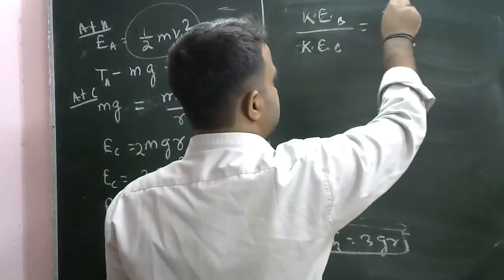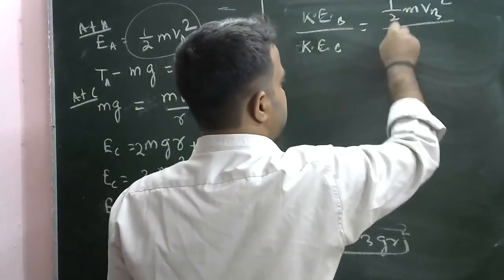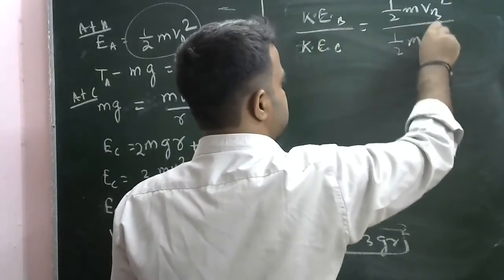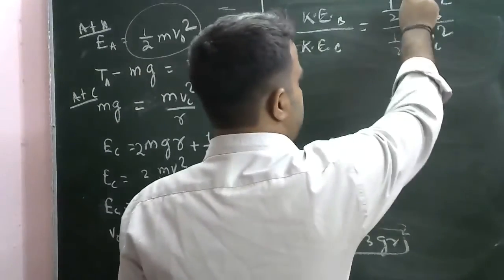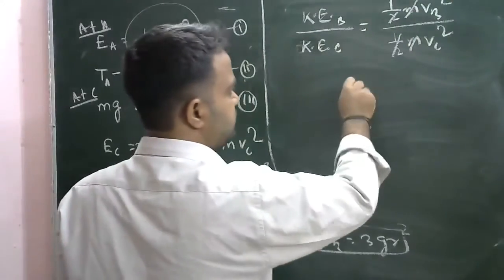Half m VB square by half m VC square. So half m cancelled out. VB square upon VC square.